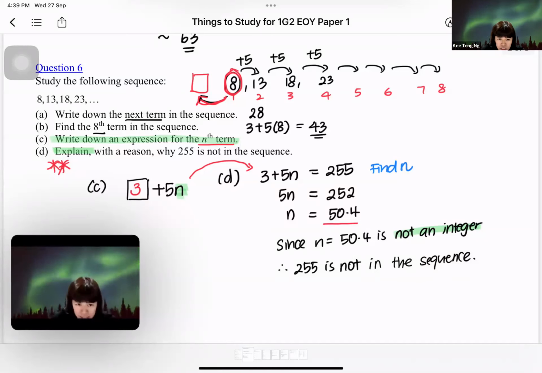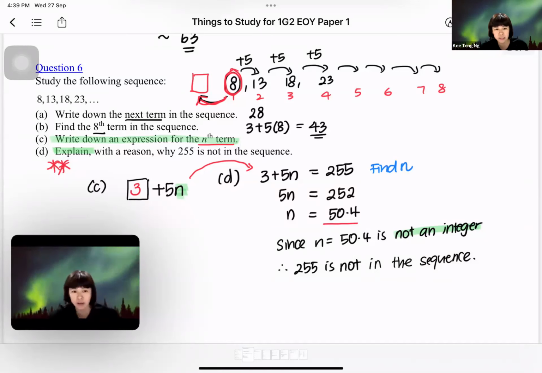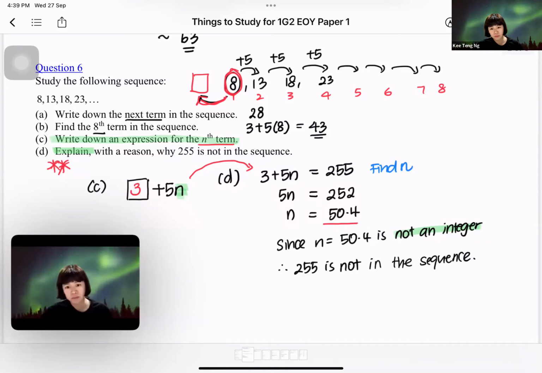If this is an integer, then this will be in the sequence. All right, please take note. Once you're done writing, let me know, give me a thumbs up or something like that, then I continue to the next question. If not, we are running a little bit late already. Hurry, hurry. Okay, good. I see some thumbs up already.